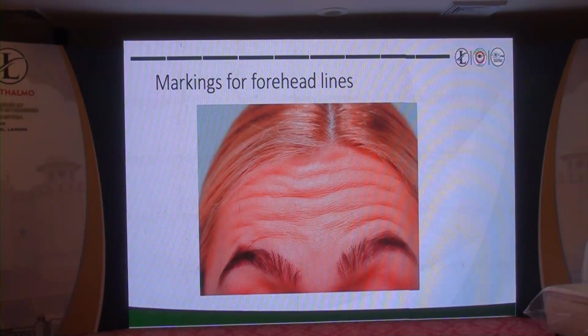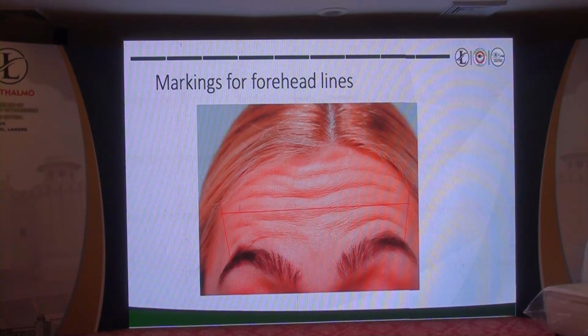So how to mark for the forehead lines? First, you have to mark the lateral edges of the muscle. For that, you have to ask the patient to raise the eyebrow. The lateral edges are marked where your wrinkles are ending or where the height of the eyebrow is zero. So these are the lateral edges of the frontalis muscle. Then you have to mark the no-go zone.